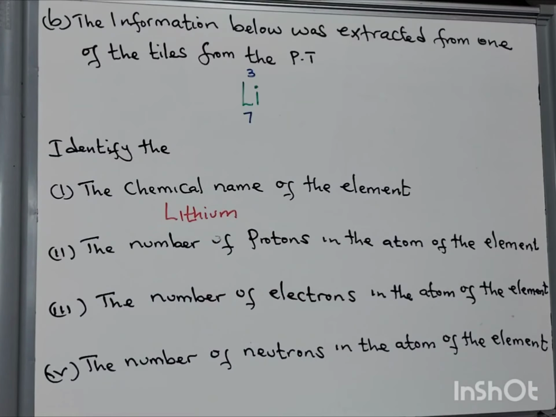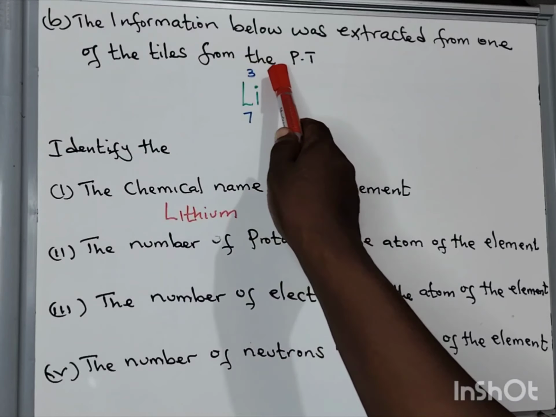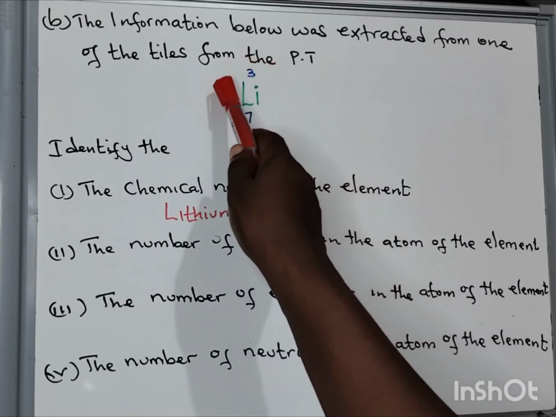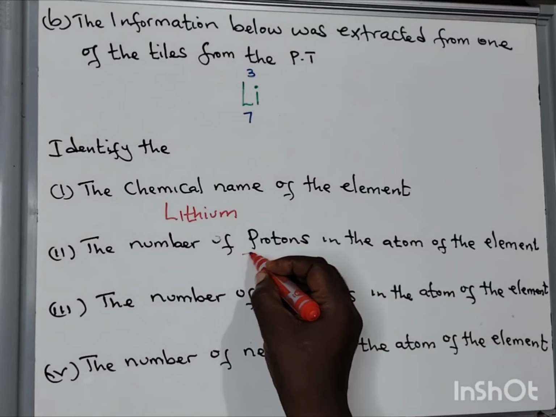Then comes the next question. It says, identify the number of protons in the atom of an element. Where do we get the number of protons? The atomic number represents the number of protons. So the answer is 3.